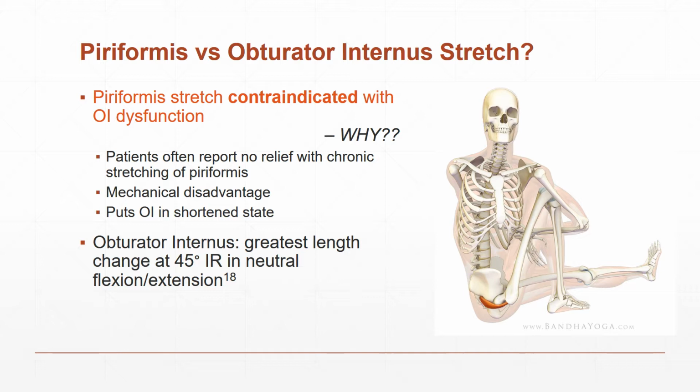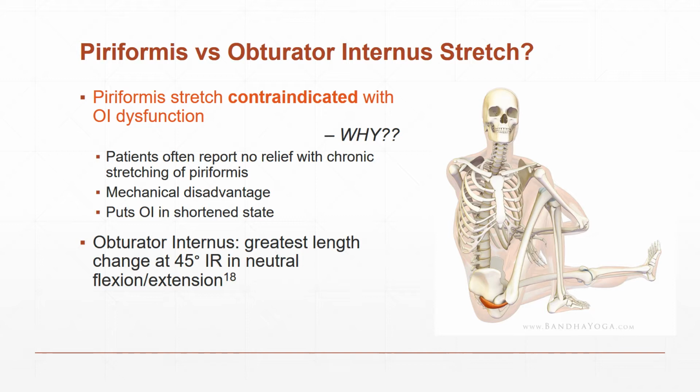But the piriformis stretch also actually puts the obturator internus in a shortened position, because I mentioned before that the obturator internus is an external rotator throughout the entire range of motion. So in this figure 4 position, the obturator internus is actually shortened and doesn't get stretched. So it will actually cause more pain in these patients.